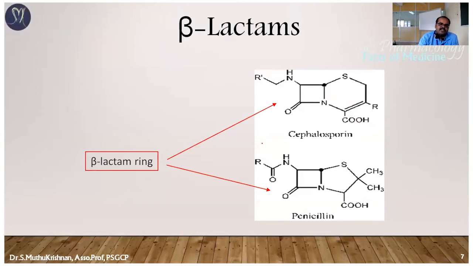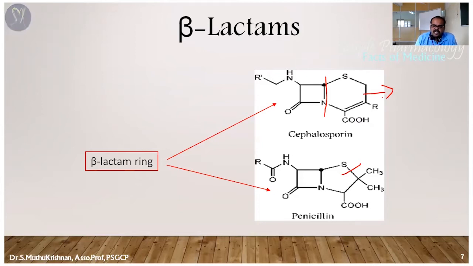This is the 5-member lactam ring, and this is the 6-member lactam ring. The thiazolidine group and the lactam ring conjoin together, and simply it is called penicillinic acid. Based upon this lactam ring's availability, they are termed beta-lactam antibiotics.